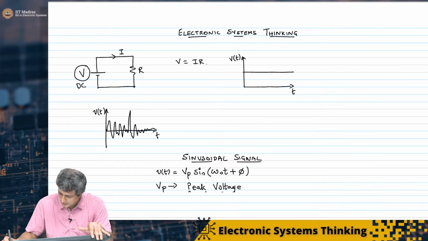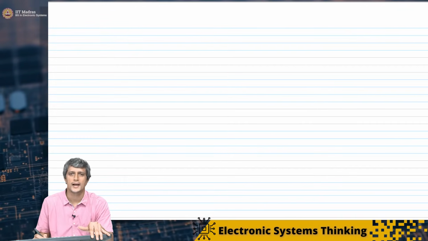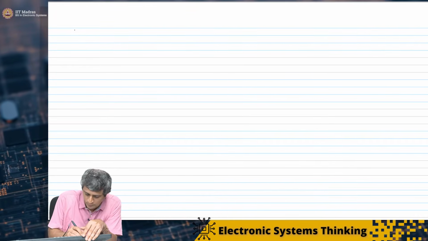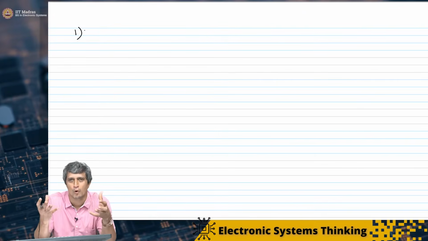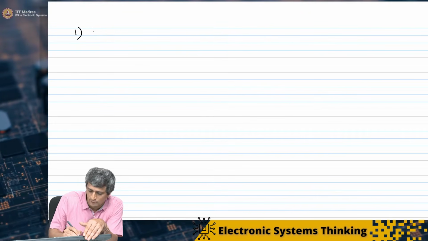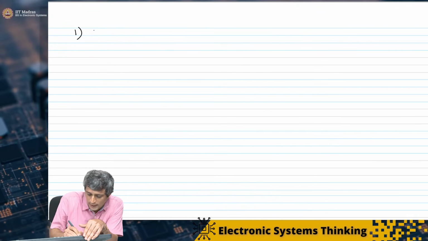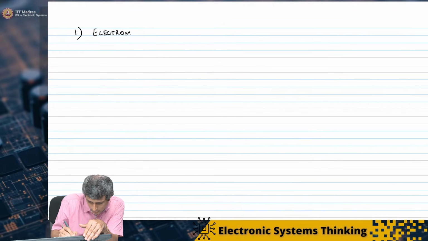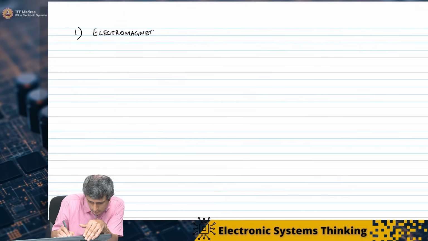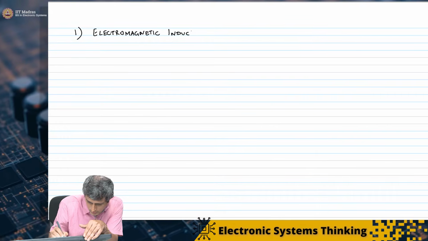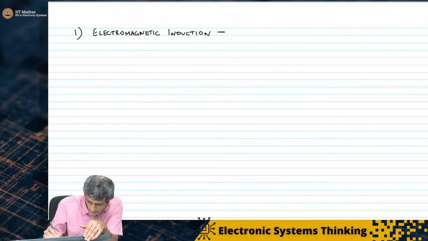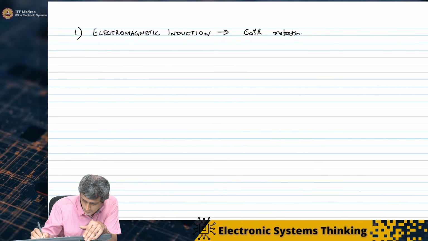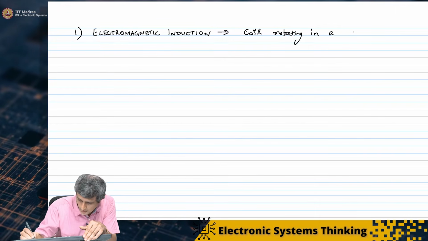Okay, so let us first look at where we encountered these sinusoidal signals in electrical engineering, right? So you remember the experiment that we did with the motor and the generator kind of thing. We got a sinusoidal thing. So the electromagnetic induction, a coil rotating in a magnetic field.